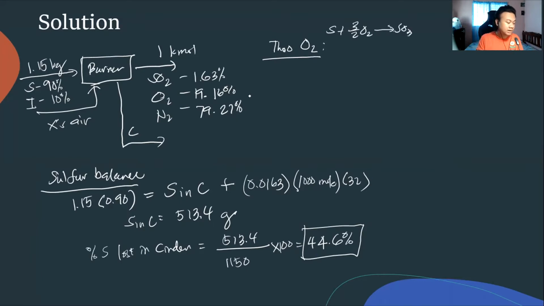So for SO3, we have 0.9 of 1,150 grams of sulfur. Then just divide that by its molar mass, and multiply it with the proper stoichiometric ratio. You have 1 to 3 halves. So 3 halves.